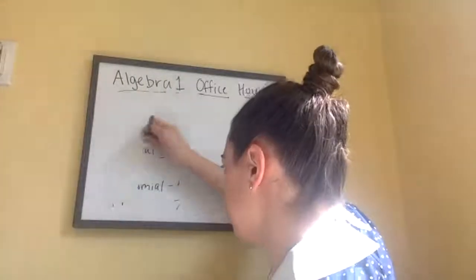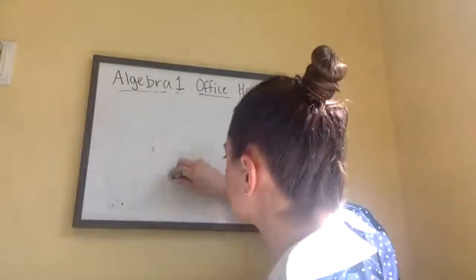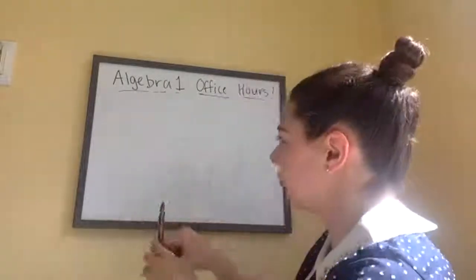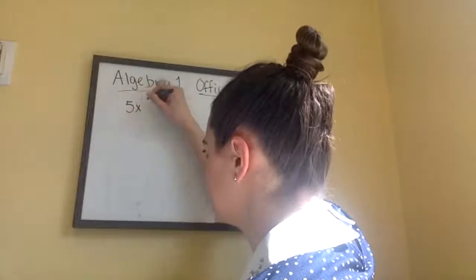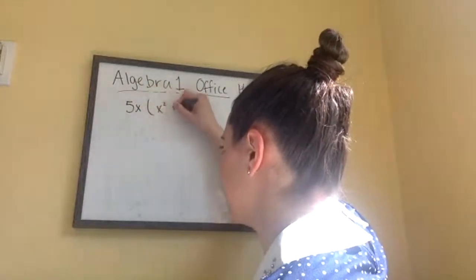So for example, if I had something like 5x times x squared plus 2.